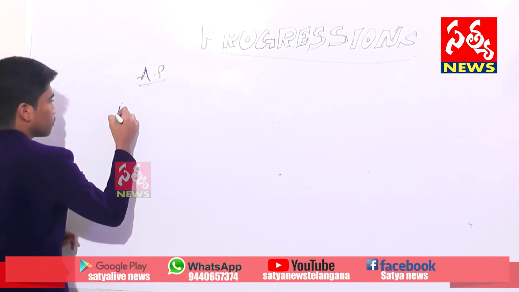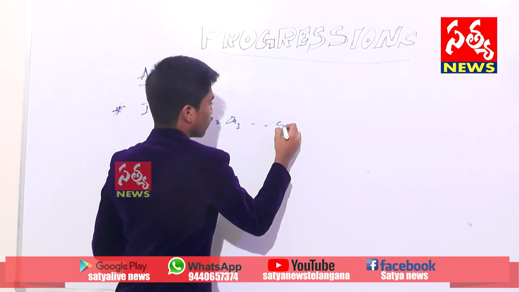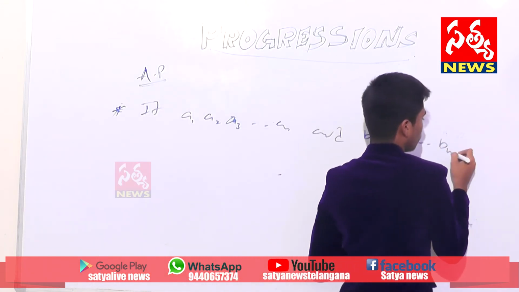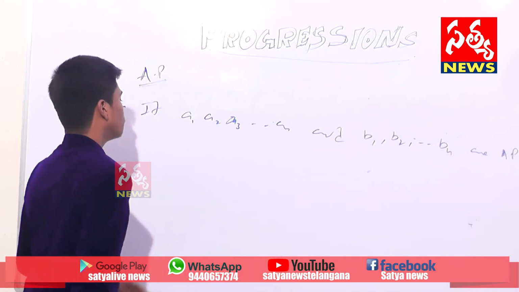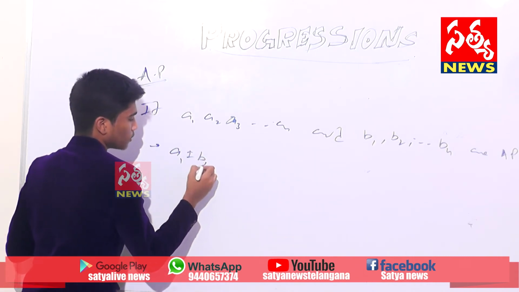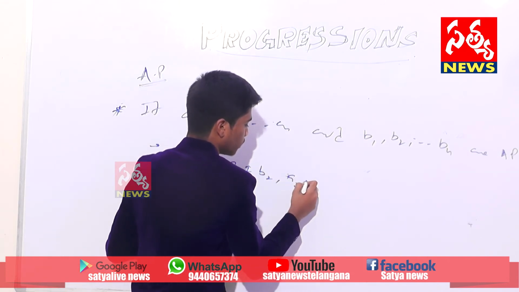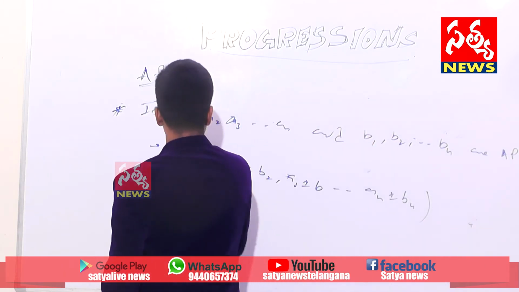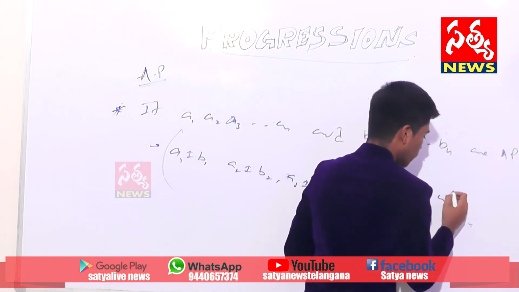In the next one, if a1, a2, a3, so on, an, and b1, b2, so on, bn are in AP, then a1 plus or minus b1, a2 plus or minus b2, a3 plus or minus b3, so on, an plus or minus bn. This is a new series which is also in AP.